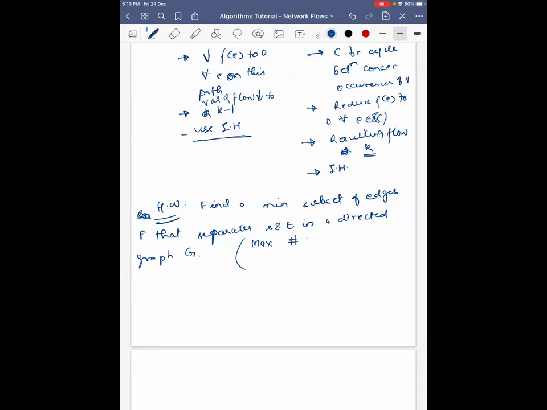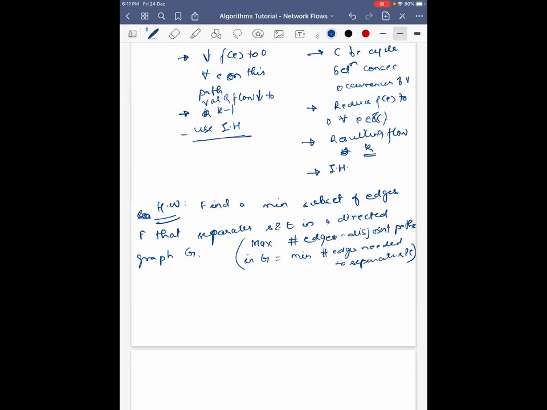So basically, this is equivalent to saying that the maximum number of edge disjoint paths in G is equal to the minimum number of edges needed to separate S and T. Okay, just so this is in terms of what we just did.